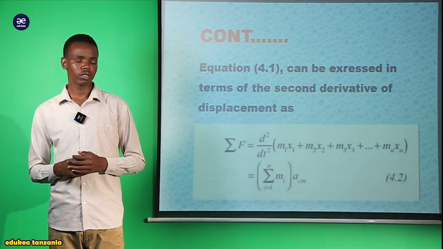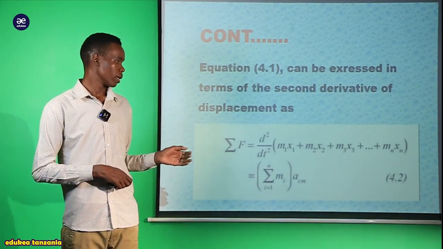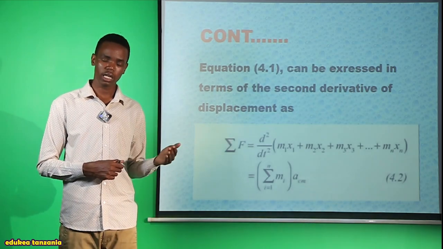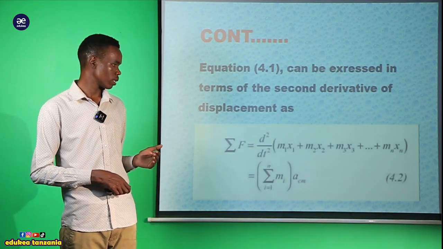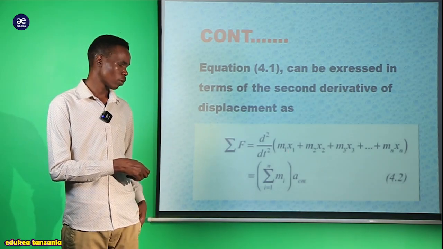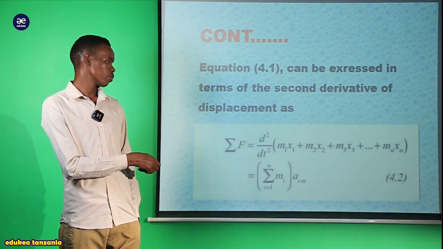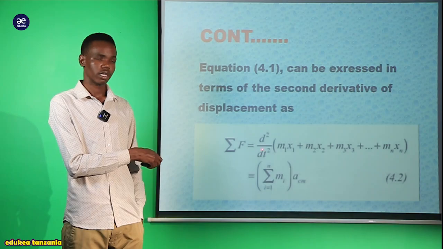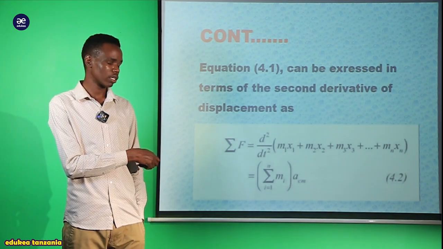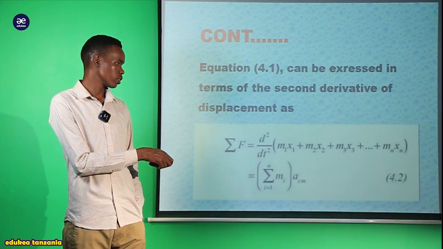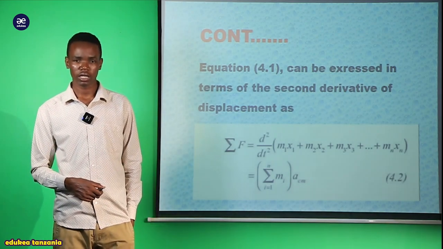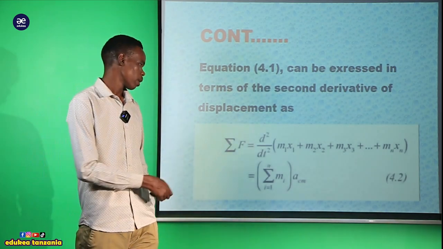So the summation of the force must be equal to the second derivative of the displacement of this mass 1. It means we factor out this derivative, the second derivative, d squared over dt squared, differentiating with respect to time, as we try to observe here.